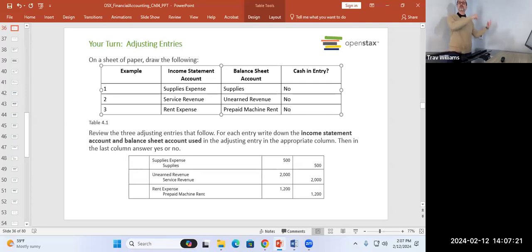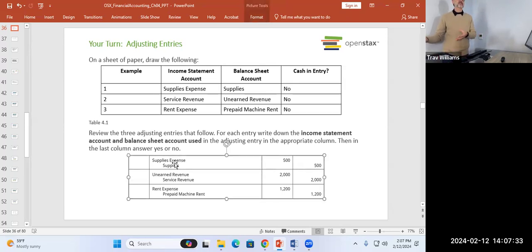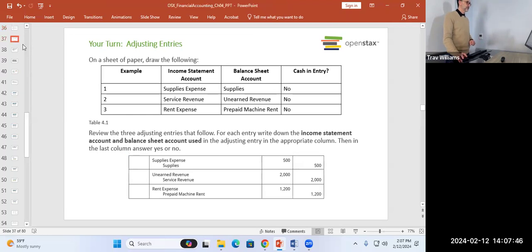Maybe in the previous or the subsequent transaction, there's cash, but not in these three. Right? Like, as I mentioned earlier, when we bought the supplies, yes, we probably paid for them then, right? But in this transaction where we're converting supplies that were used to a supplies expense, there's no cash involved.